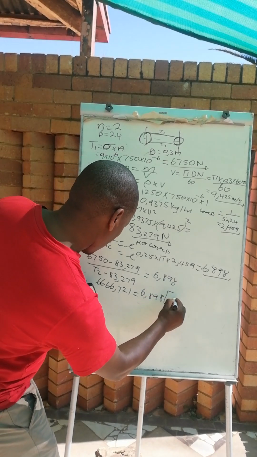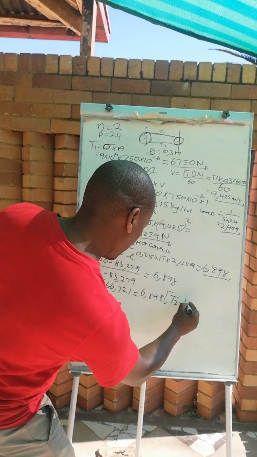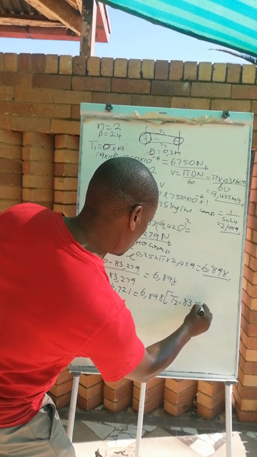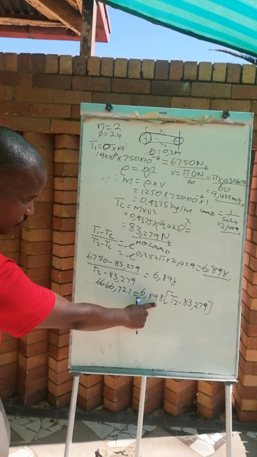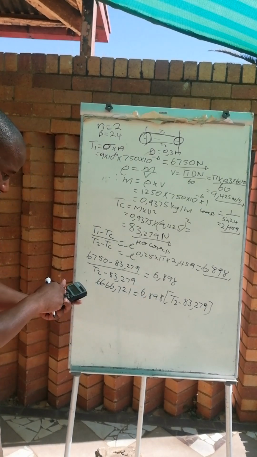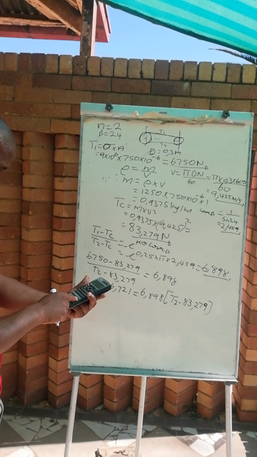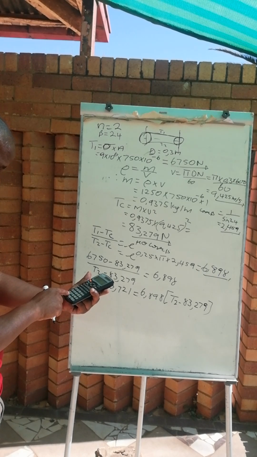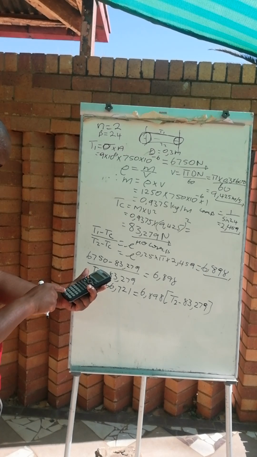Let's cross multiply. We're going to have 6,898 times T2 minus 83,279. We can divide by this: 666,721 divided by 6,898.